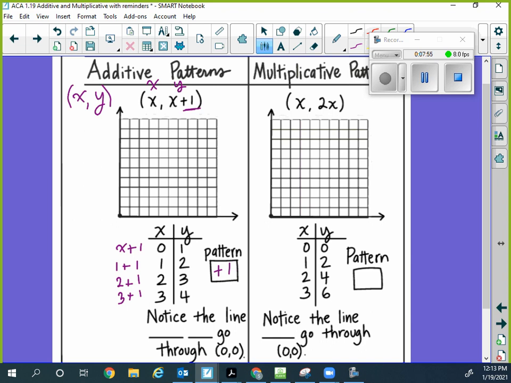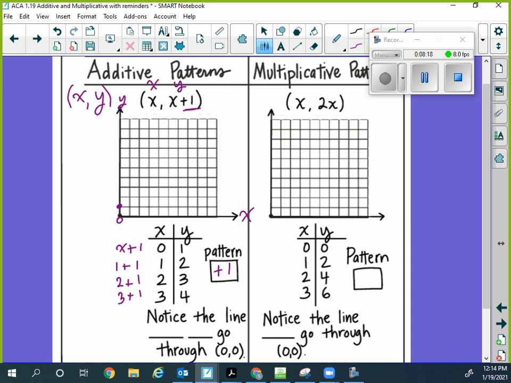What's this one on the bottom? The x. What's this one going up? That's your y. So for the first one, if x is 0, y is 1. So 0 is here. That means I'm going to move 0 horizontally, and I'm going to go up 1 vertically. That's where my first dot lands.